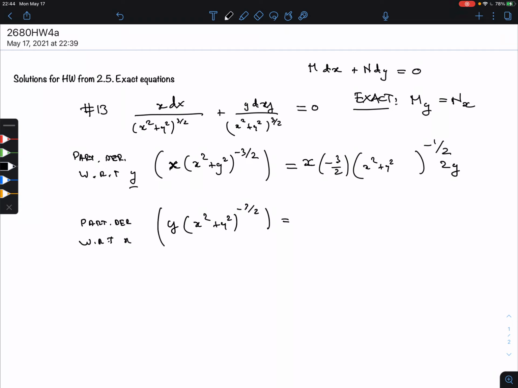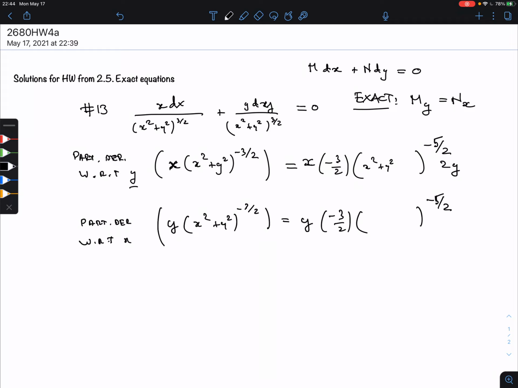Now this y in front is a constant. So now I have to deal with that power, minus 3/2. So the exponent comes down, sorry. We are taking a derivative, so we're subtracting from the exponent. So I was going the wrong way here.